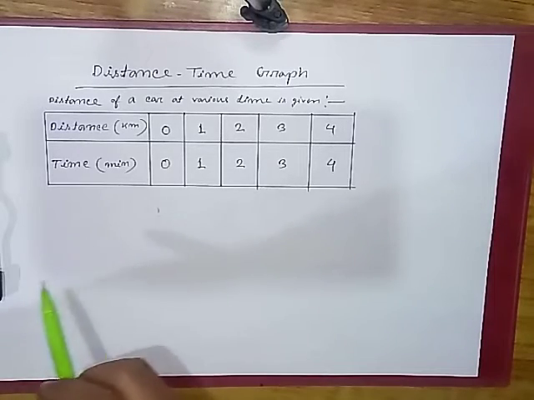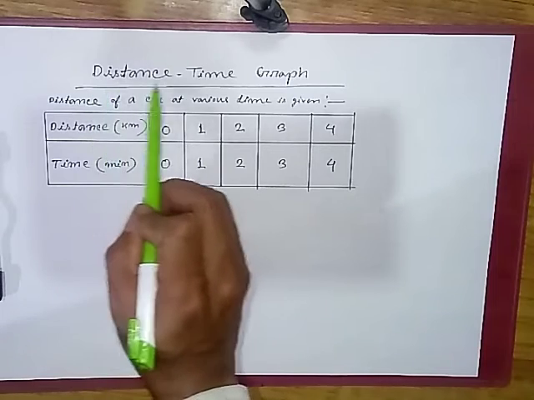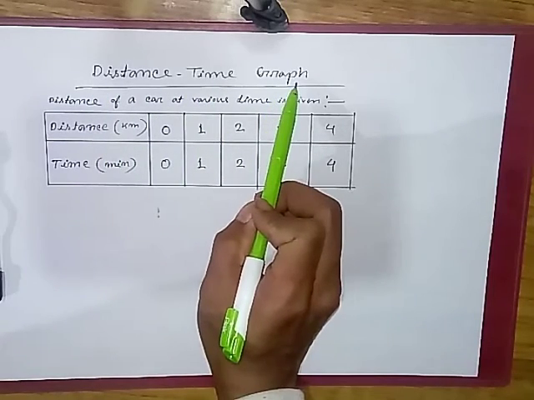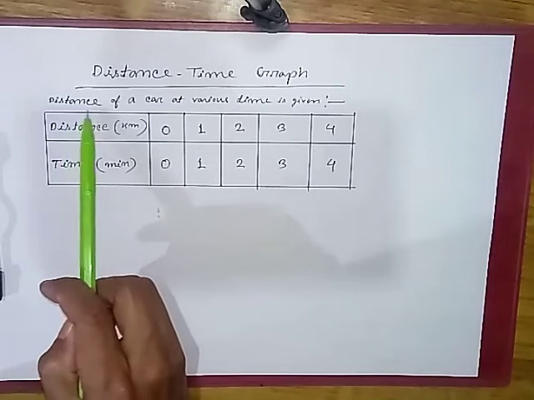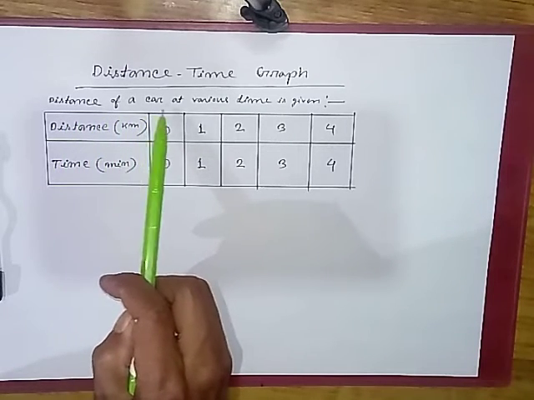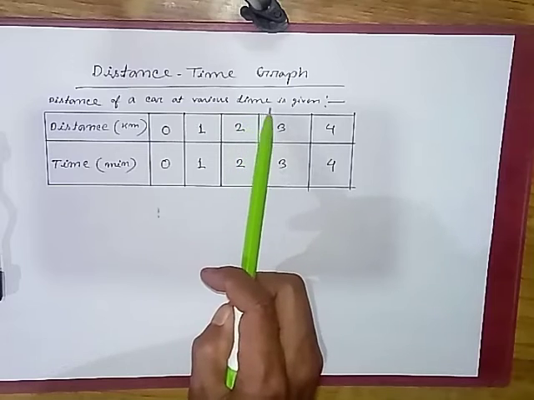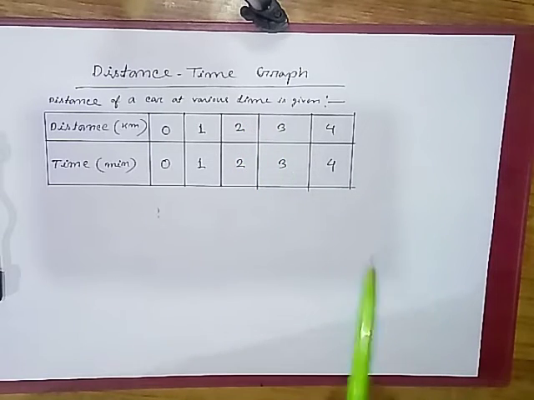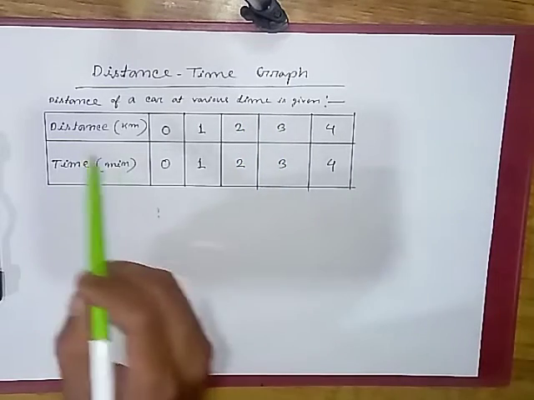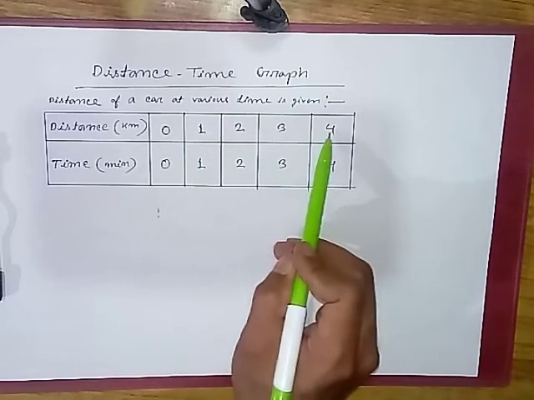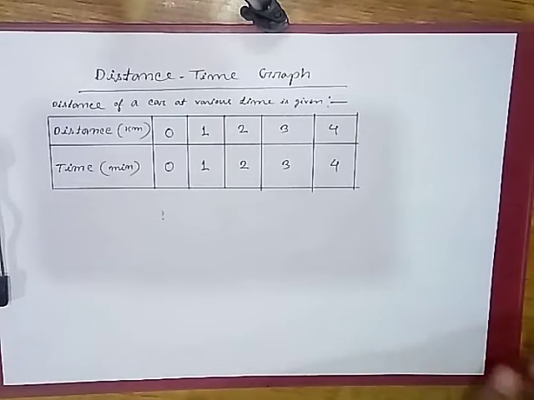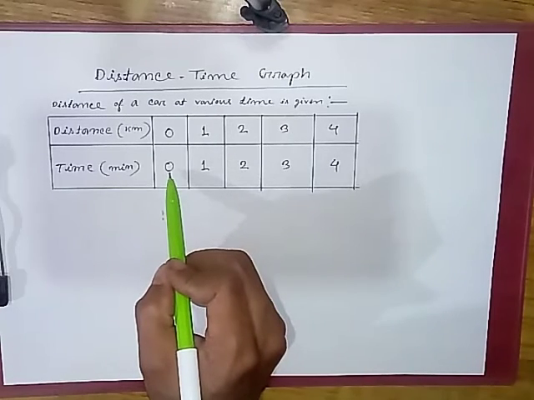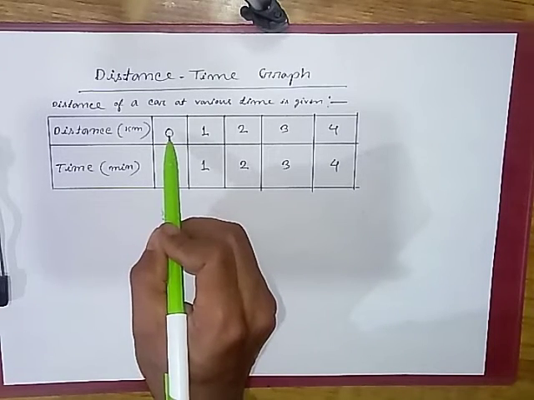Okay, now the topic is distance time graph. Here you can see distance of a car at various times is given. At 0 time, 0 distance.